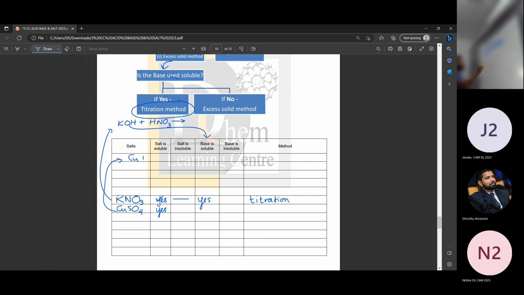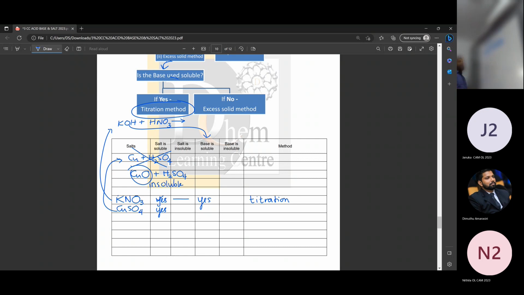One is copper and sulfuric acid. Immediately we reject the reaction. Why? Copper doesn't react with acids because copper is less reactive than hydrogen in the reactivity series. Then we go for the common oxides and carbonates: copper oxide and sulfuric acid, which is a very common reaction, and copper oxide is definitely what?